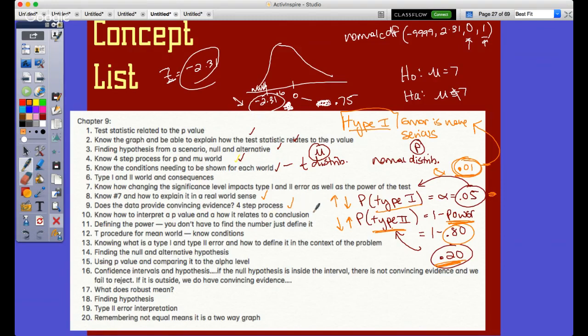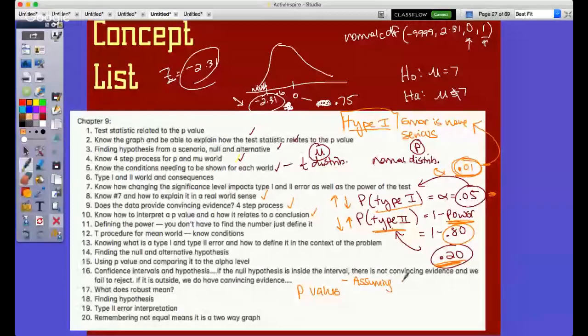Providing convincing evidence. That's really important, okay? Interpreting a p-value. P-value is a little different. So basically, we know the conclusion, right? If I compare the p-value to the alpha level and the p-value is less than the alpha level, it's convincing, statistically significant, reject the null, right? But if it's greater than, we would say that we do not have convincing evidence. But a p-value, just as a heads up, is this definition.